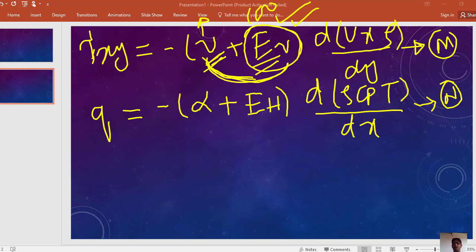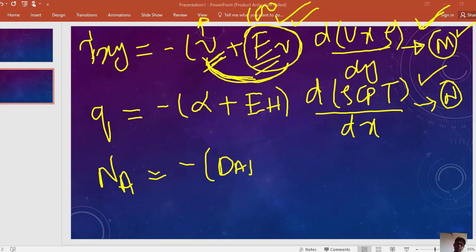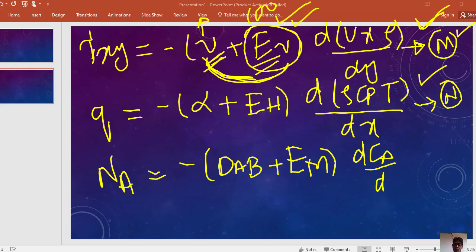The heat flux in turbulent flow is denoted by equation N. The momentum flux in the turbulent flow is denoted by equation M. Similarly, the mass flux in turbulent flow is denoted by DAB plus the eddy diffusivity for mass, into dCA by dZ. Suppose this is equation number O.